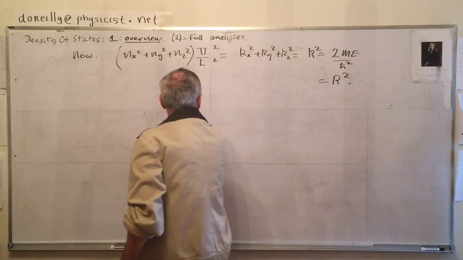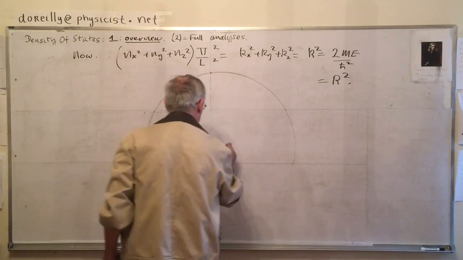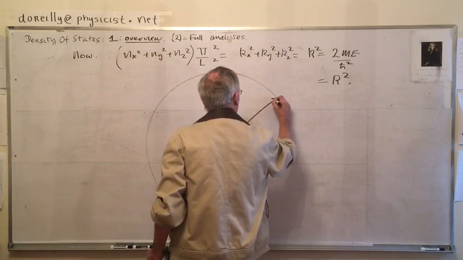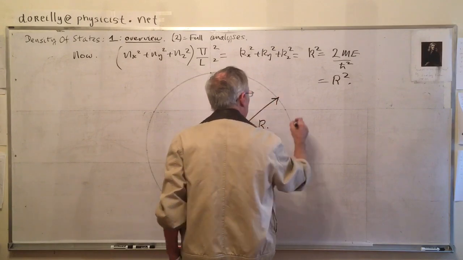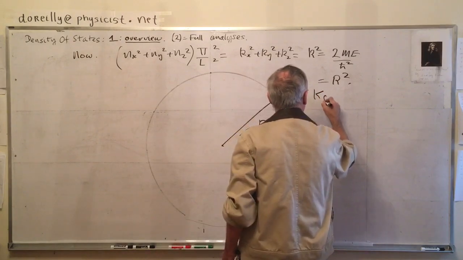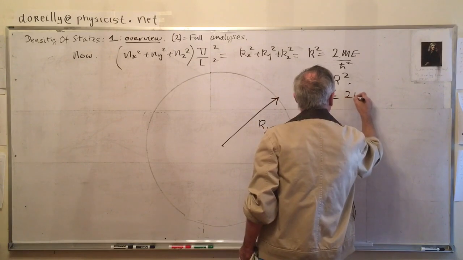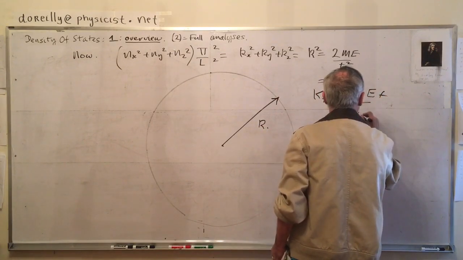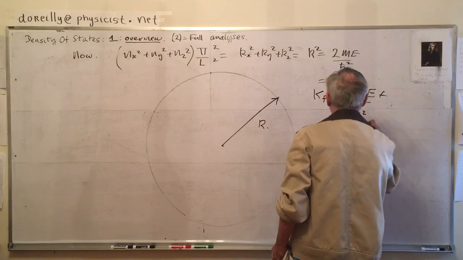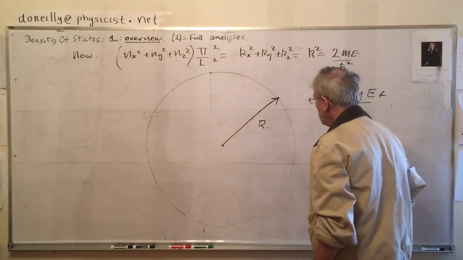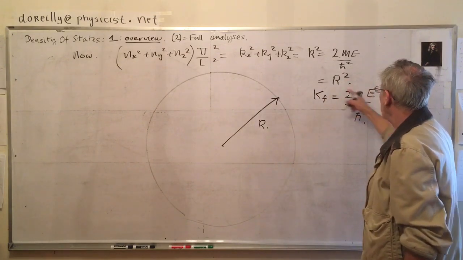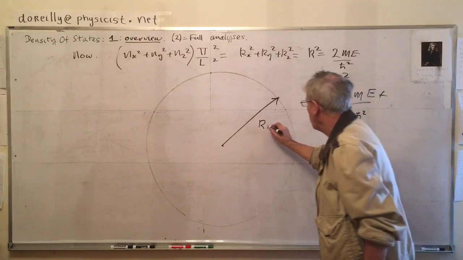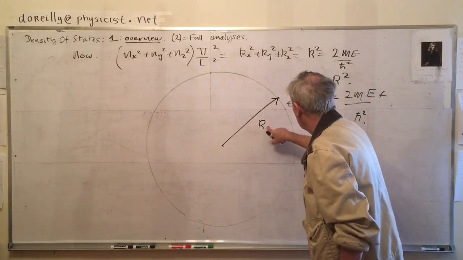So what we do is we look at that sphere. This point on the sphere we'll call the Fermi level, the Fermi energy, or Fermi momentum, is the extreme value of it.